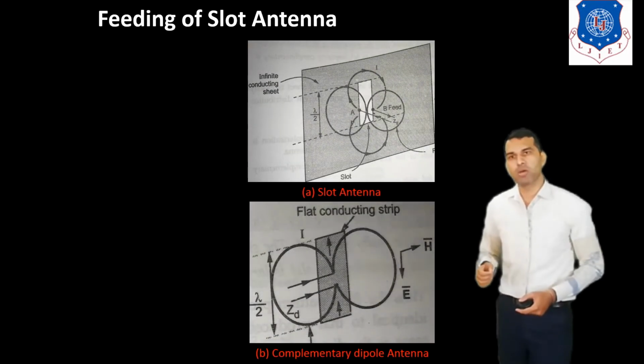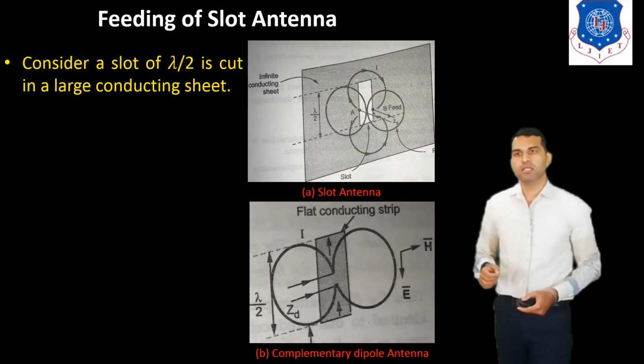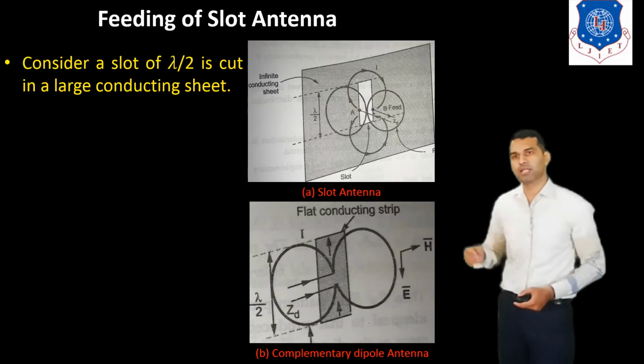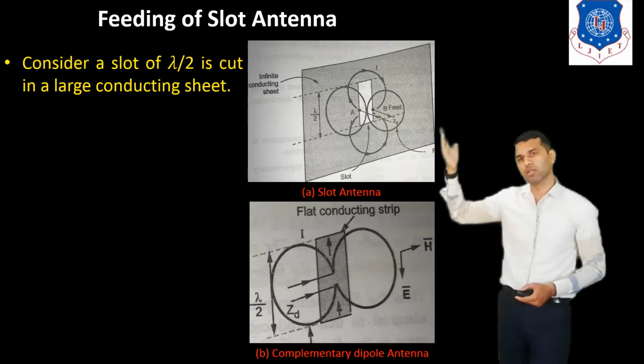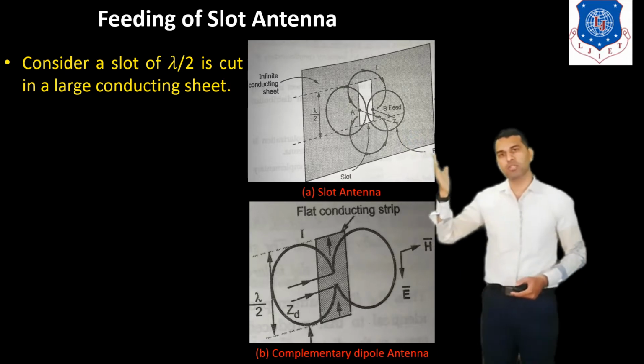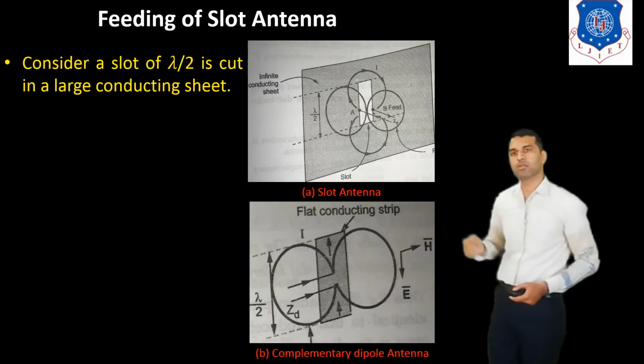Now we discuss the feeding of the slot antenna. Consider a slot of lambda by 2 cut in a large conducting sheet. In this figure, this is a large conducting sheet, and from this sheet we have cut a slot of lambda by 2.